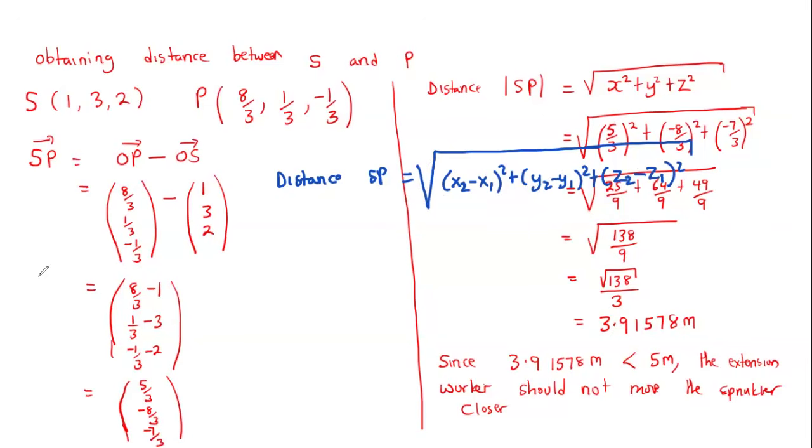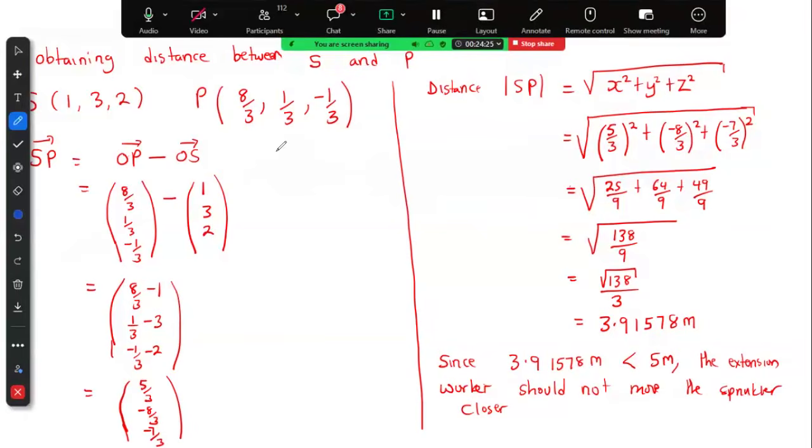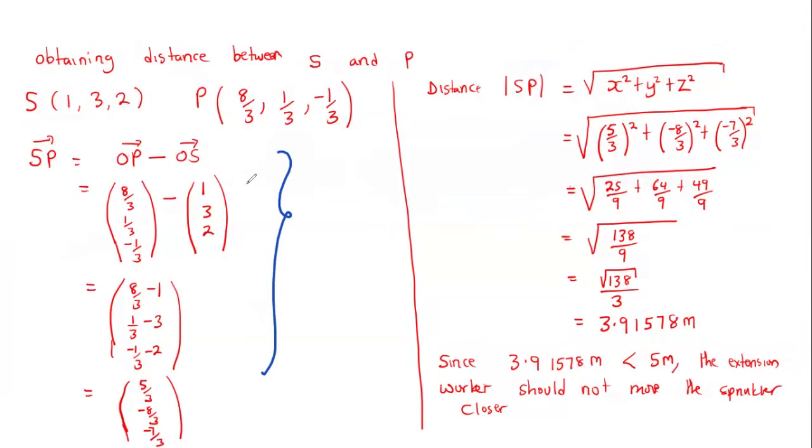Now, what is the best approach that I would recommend? I would recommend this one. Why? Because here, in case God forbid you make any errors along the path, you can still get a score somewhere for obtaining your SP. They can give you a score for this manipulation.